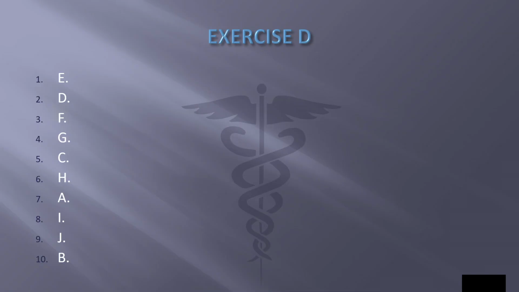Number 6, epidermis is H, outer layer of the skin. Retinopathy is A, disease of the rod and cone layer of eye, sensitive cells at the back of the eye. Number 8, ophthalmoscope is I, instrument to visually examine the eye.